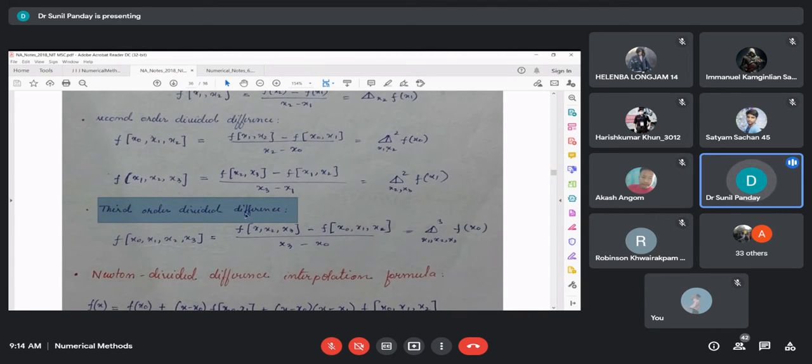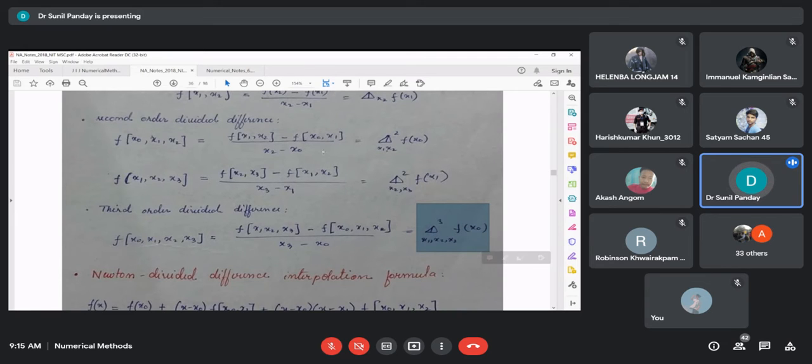So this is the third order divided difference. Here we have four arguments, you can see. Then we take the second order divided difference of these three, f of x1, x2, x3, and then minus the second order divided difference of the first three, and then divide by the last argument minus the first argument, x3 minus x0, like this: x1, x2, x3, x0, f of x0.